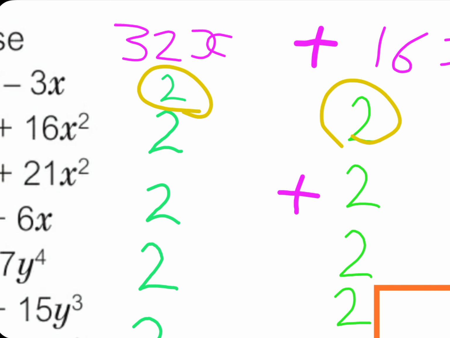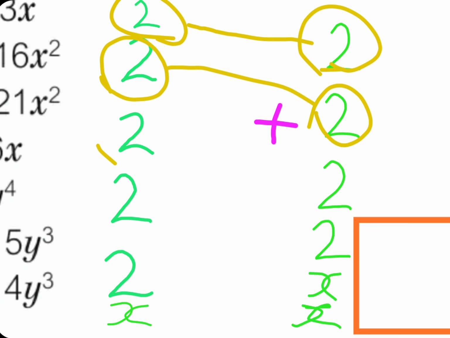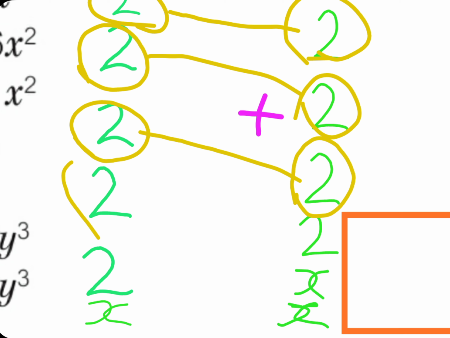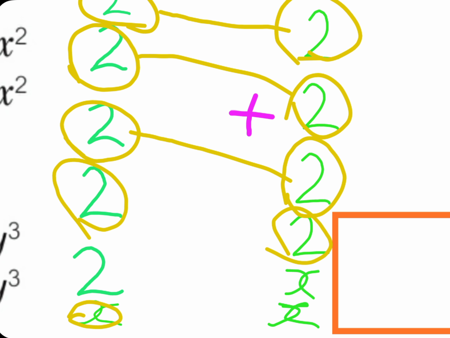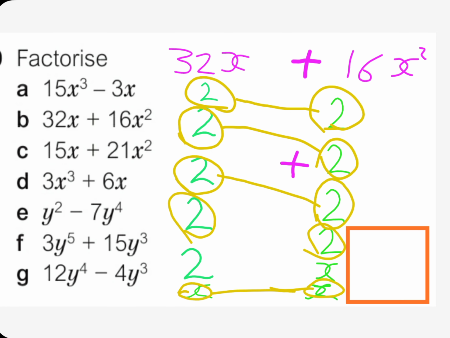So we take one of them, okay? We take one of these, and then one of these two, and then one of these, and then one of these. So we're out of 2's. And then we have 1x here. We take it with 1x here, okay? And then we multiply them. The ones that we took, we multiply them by each other.